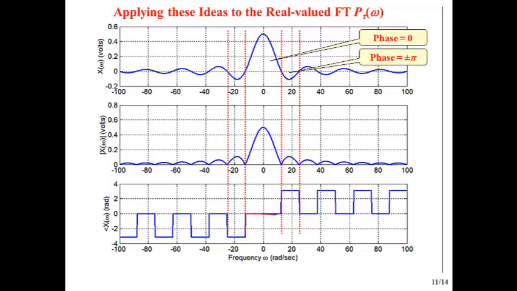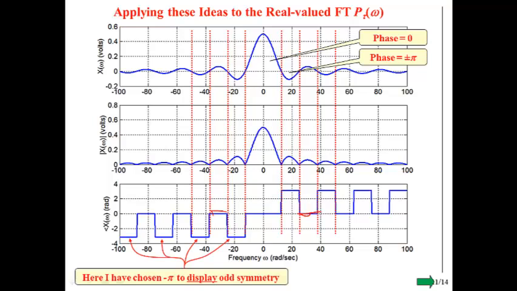I'm going to choose to plot it as plus pi out here and minus pi out here. The reason I do that is that I get this odd function. This is a pathological case where I have to force the odd characteristic of the phase, but nonetheless it satisfies all the mathematical characteristics. Then we go to positive, so we're back to 0, and so on and so on. So that's how we would plot this thing.